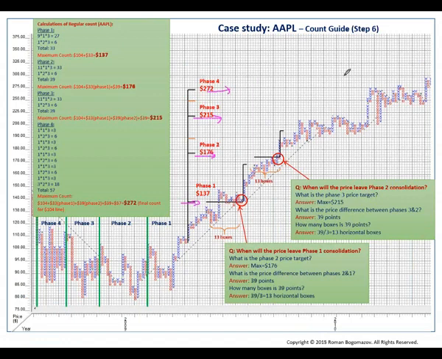The aspect of this where we can do timing is something that really was championed by our mentor, Hank Pruden. And Hank has been a big advocate of using stepping stone reaccumulation counts as timing tools. So what we do is, when we are in a stepping stone and we have higher counts ahead of us, we'll actually mark on the chart out in space, out in empty columns, where the stepping stone will go, how many columns out.